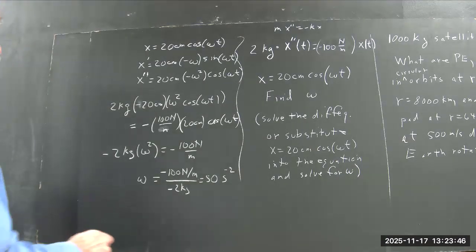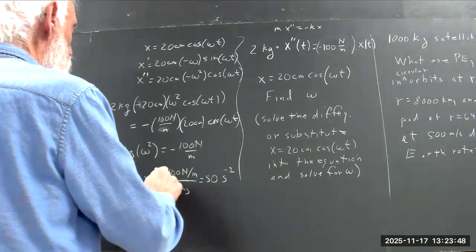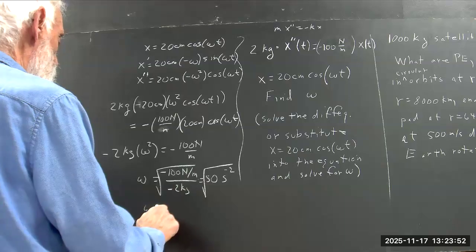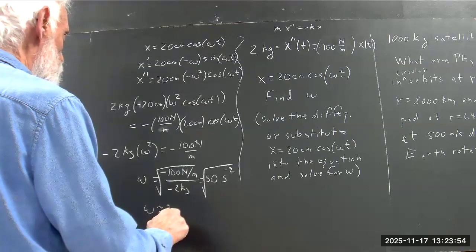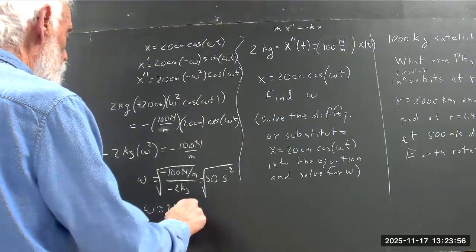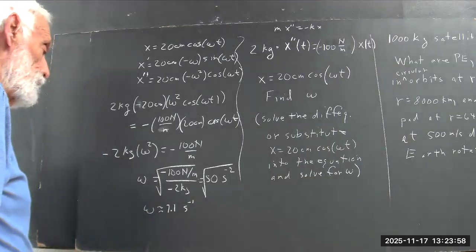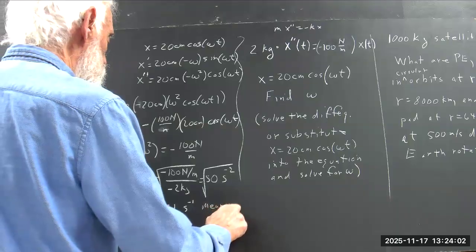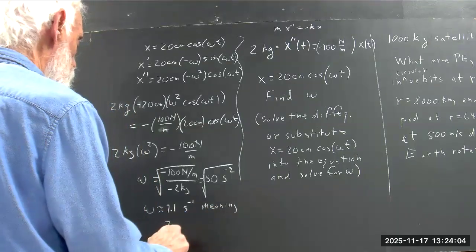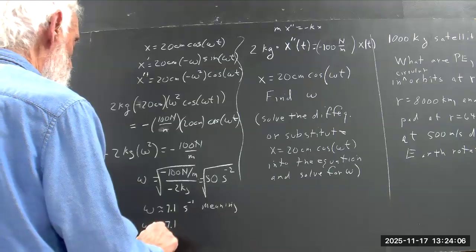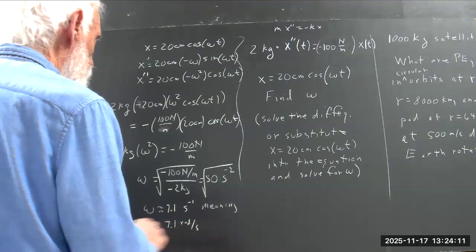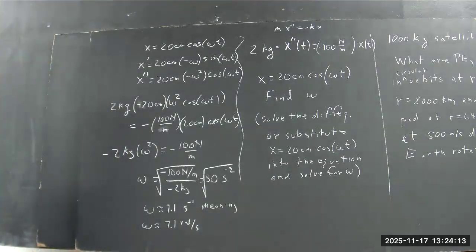No, it's a square root of this. That's going to give you approximately 7.1 reciprocal seconds, which is 7.1 radians per second.